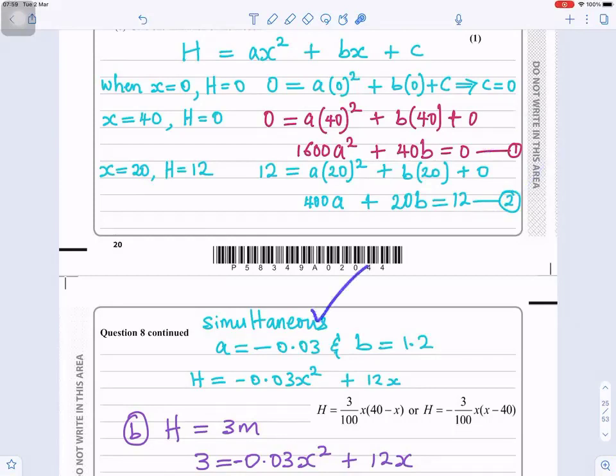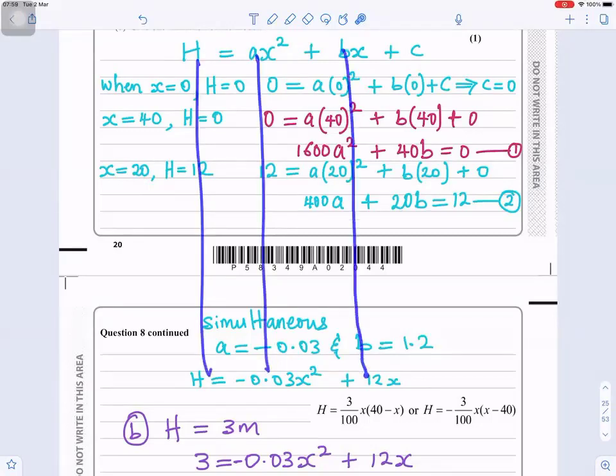So we call that equation 1, call that equation 2. And we can solve the two simultaneous equations using your graphics calculator. And you will get a to be minus 0.03 and b to be 1.2. So now you can write it as h equals minus 0.03 x squared plus 1.2x, and our c is 0.